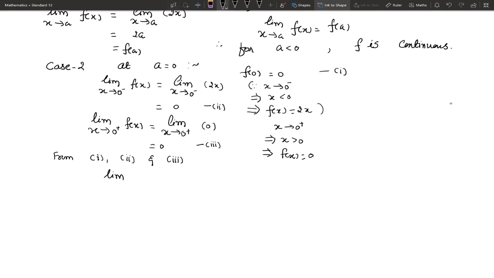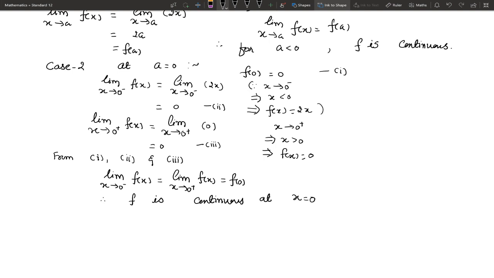limit x tends to 0 minus, that is the left hand limit, equals the right hand limit, equals f of 0, and therefore f is continuous at x equal to 0. So the function is continuous at x equal to 0.